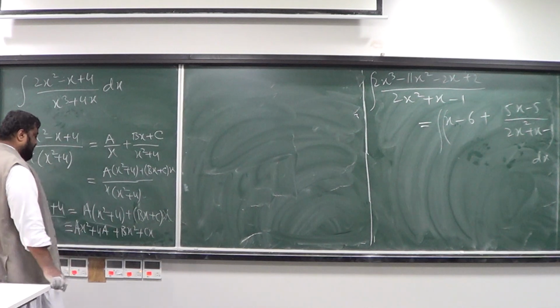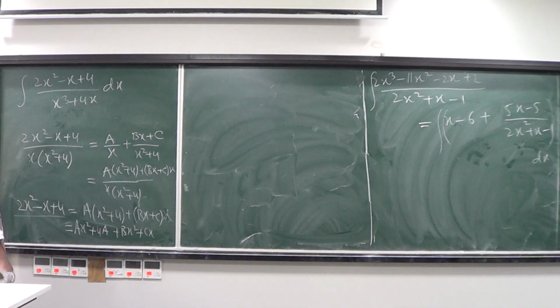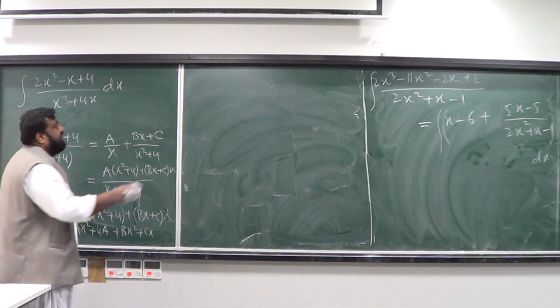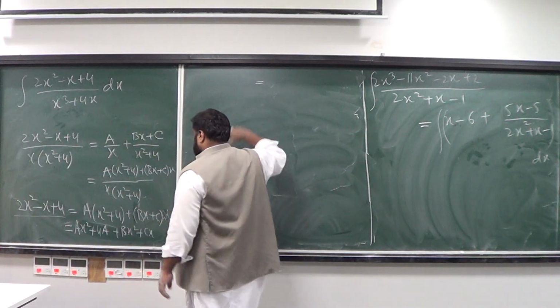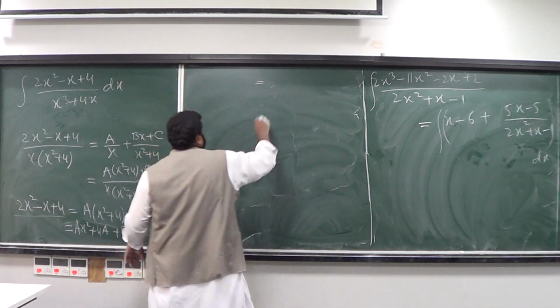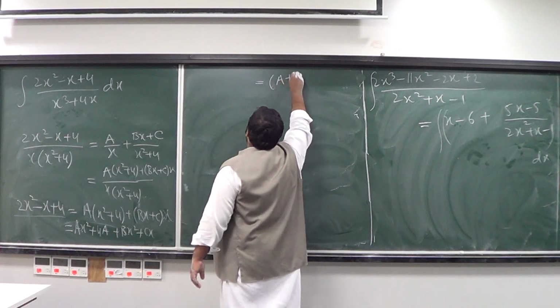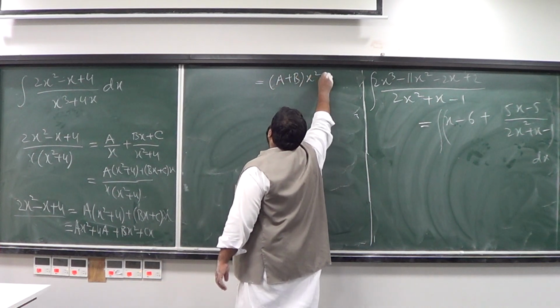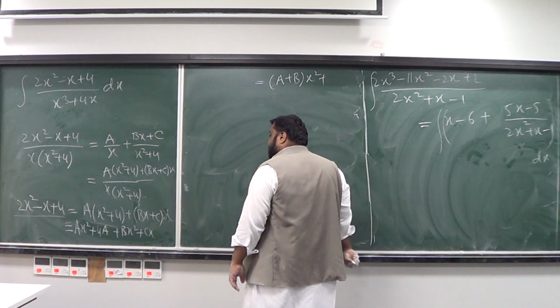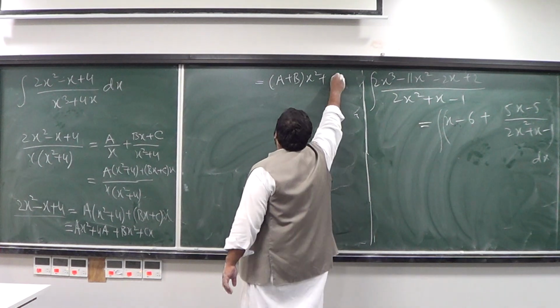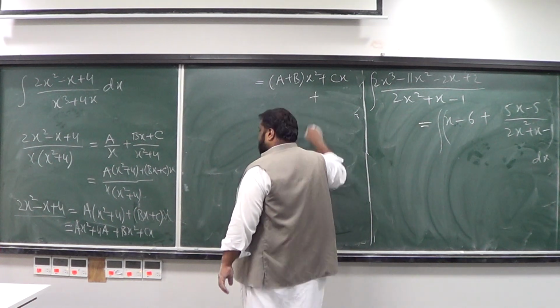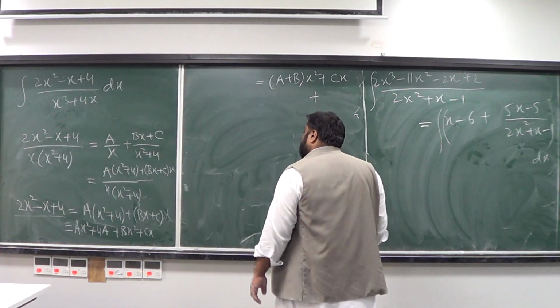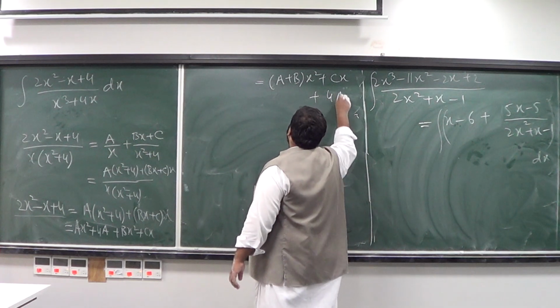Put the x square terms together, so you get A plus B times x square, plus the linear term, only one, Cx, plus the constant term, which is 4A.